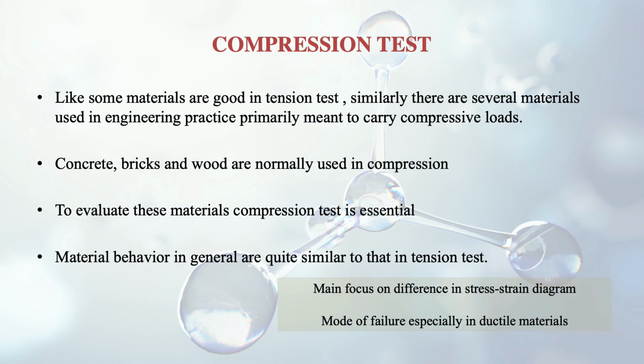Material behavior in general in the compression test is quite similar to that in the tension test. In this lecture we will focus on the difference in the stress strain diagram when the compression test is compared to the tension test, and also the mode of failure, especially in the case of ductile materials. So we start with the ductile materials.